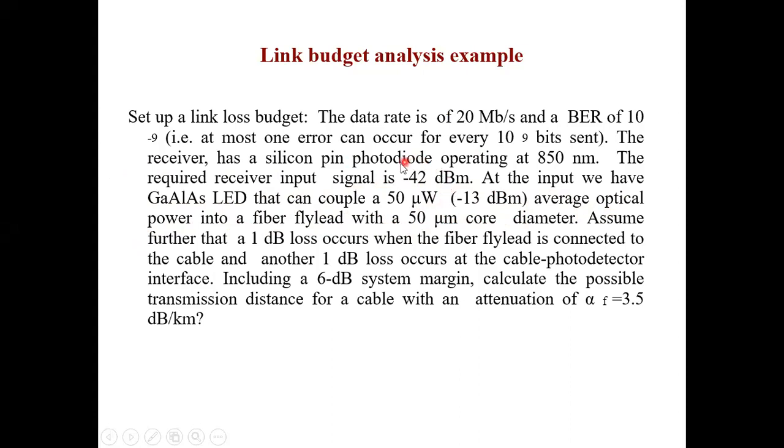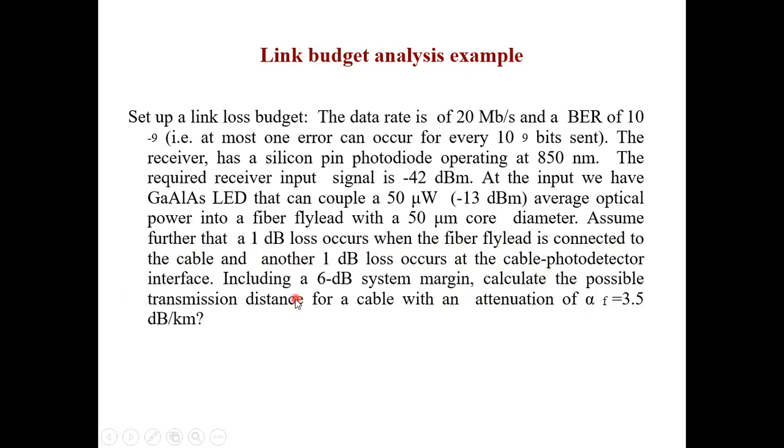My takeaway is -42 dBm receiver sensitivity, and PS, the power output from the source, -13 dBm. Assume further that a 1 dB loss occurs when the fiber fly lead is connected to the cable, and another 1 dB loss occurs at the cable photodetector. So 1 dB loss in there, 1 dB loss in there.